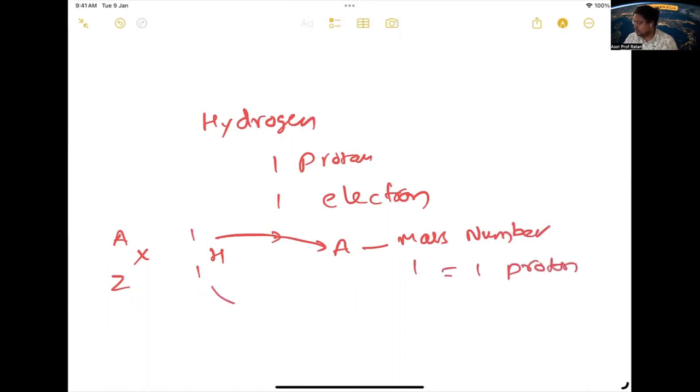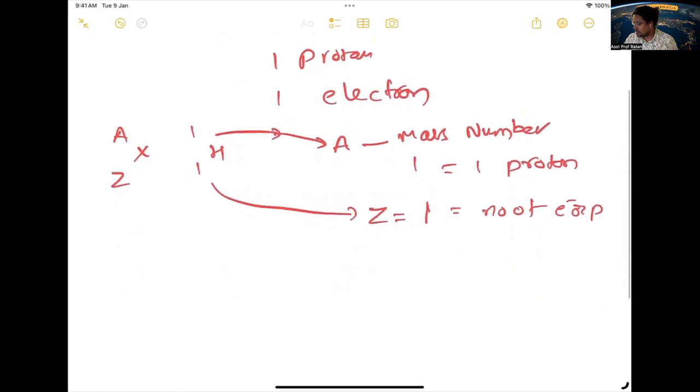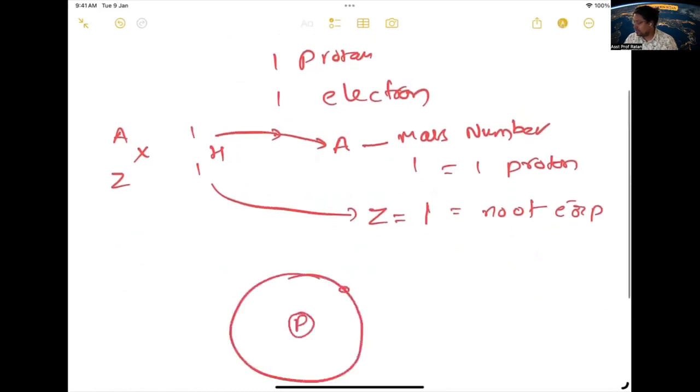Now this one represents Z. Z equal to 1. This equals the number of protons, or number of electrons. So hydrogen basically contains one proton inside it and one electron beside it.